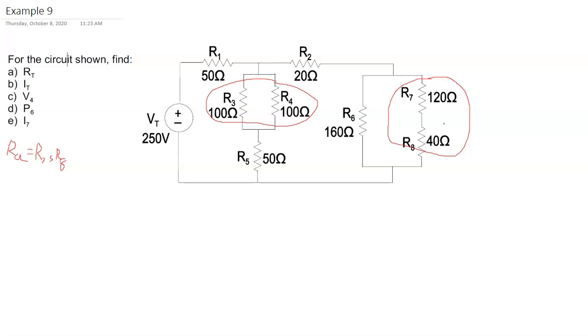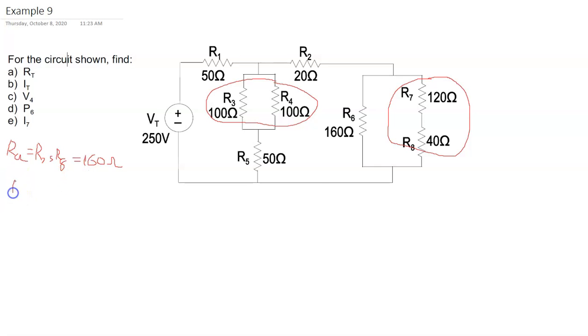I'll just see a little tiny dot. And so we have 120 in series with 40, and that gives us our A equal to the sum of those at 160 ohms.